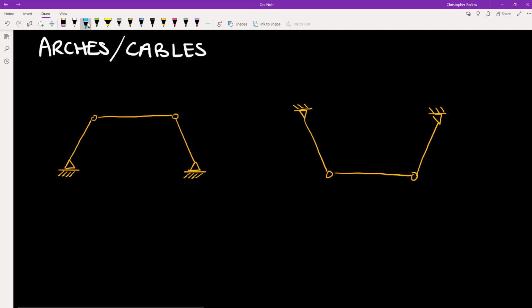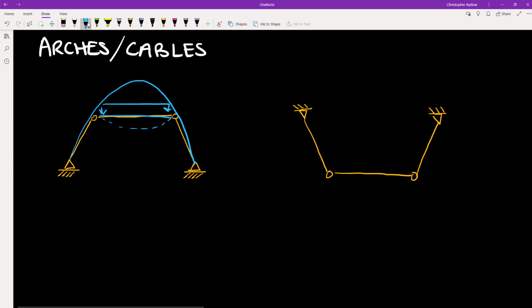A true arch would have full curvature along its length from one end to the other, with no bending in any of the elements. Here we have this straight horizontal piece, and so there will be some bending in this piece due to its own self-weight.